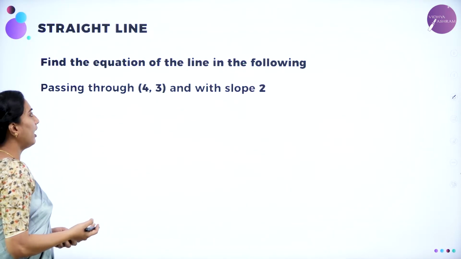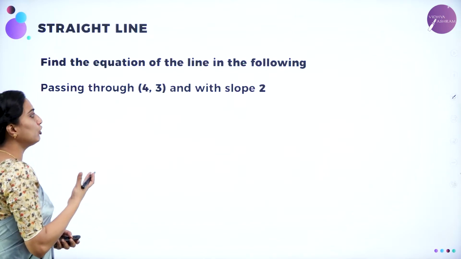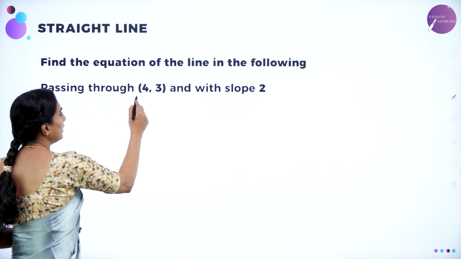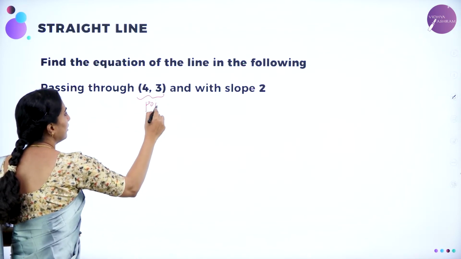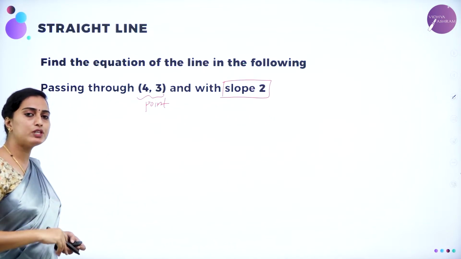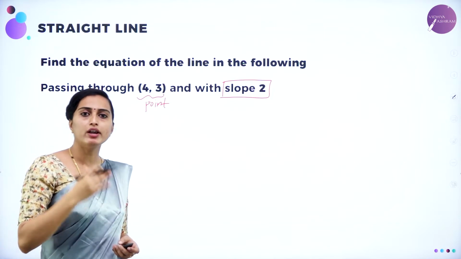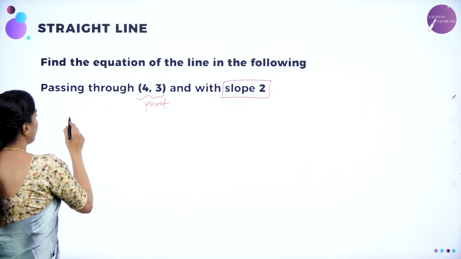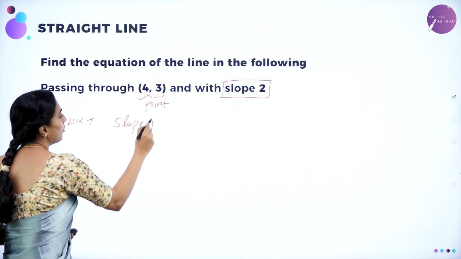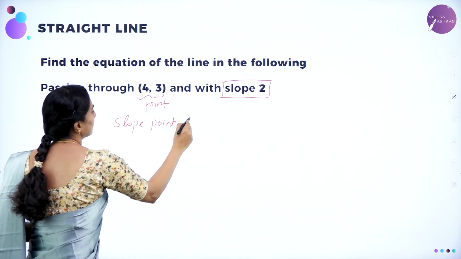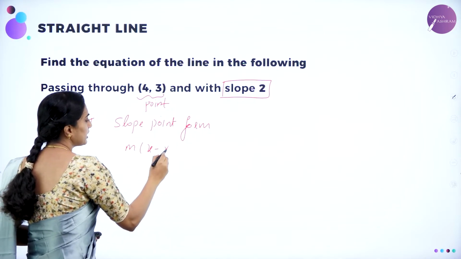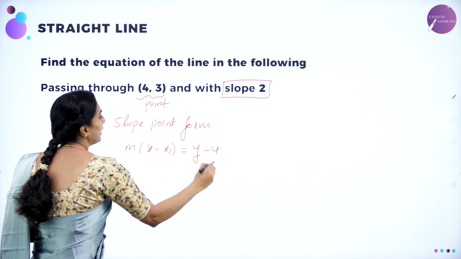Find the equation of a line in the following, passing through 4, 3 and with the slope 2. What have they given? The point they have given and the slope they have given. So point, slope means which form are you going to use? Slope point form. We know that slope point form is given by m into x minus x1 is equal to y minus y1.